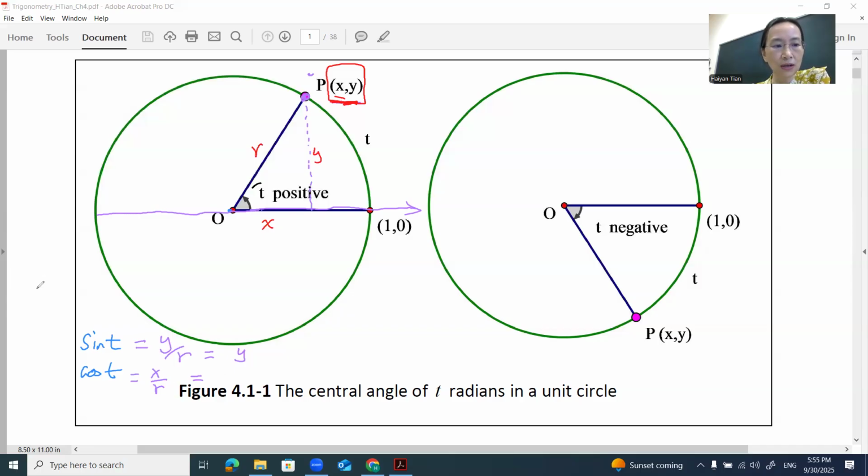So x over r will be simply x, because our r, the radius, is 1. Using a unit circle, we can immediately recognize the sine value of t is simply the y coordinate, and the cosine value of t is simply the x coordinate of the point on the unit circle.